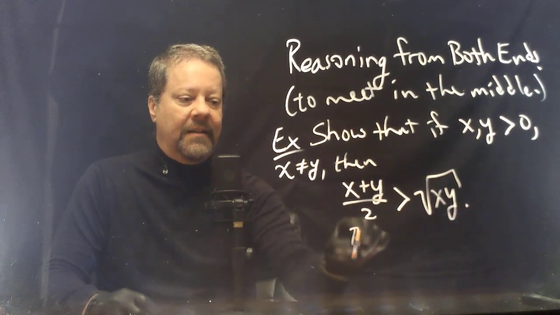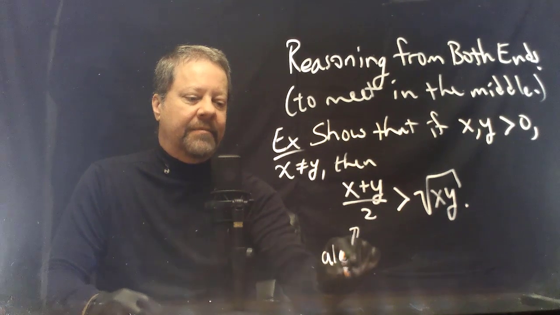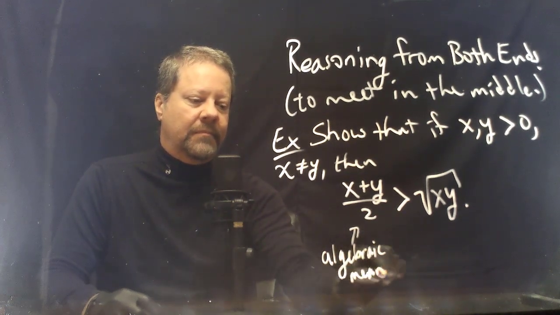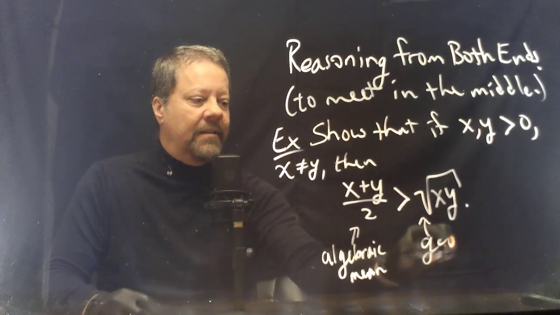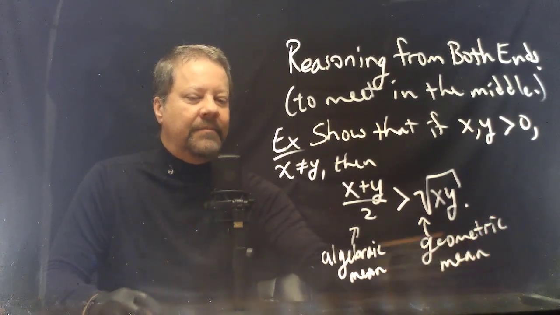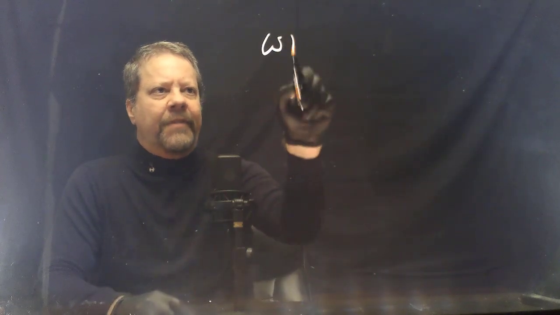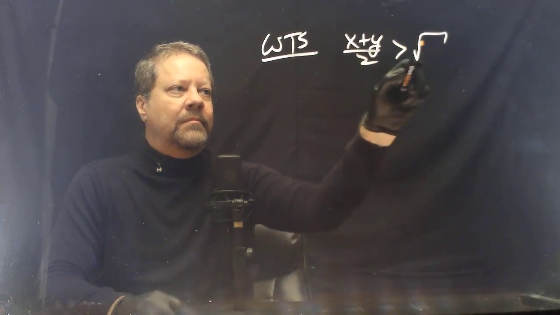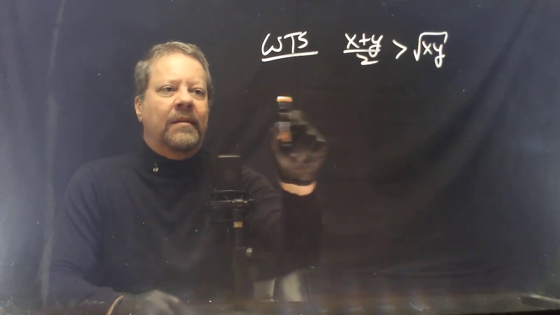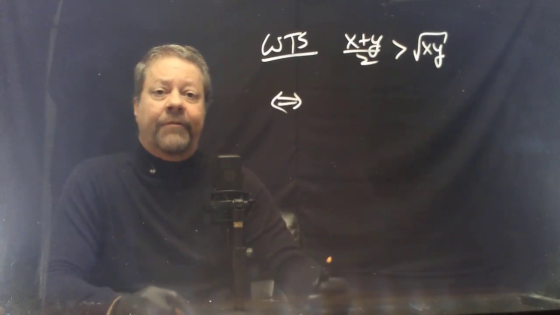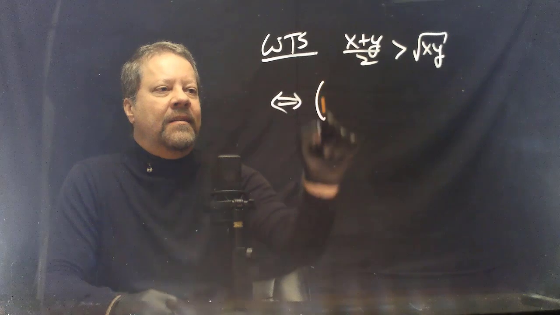This is the algebraic mean. This is the geometric mean. Let's rephrase what we're trying to show. Since x and y are positive, we'll get the same thing if we square both sides.